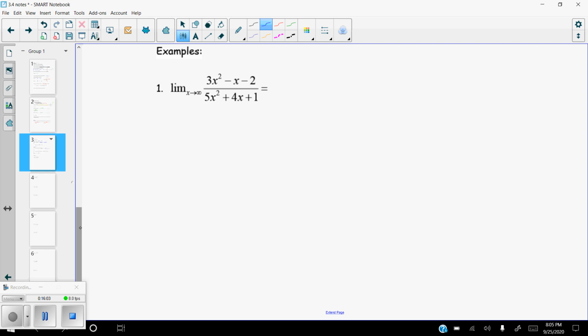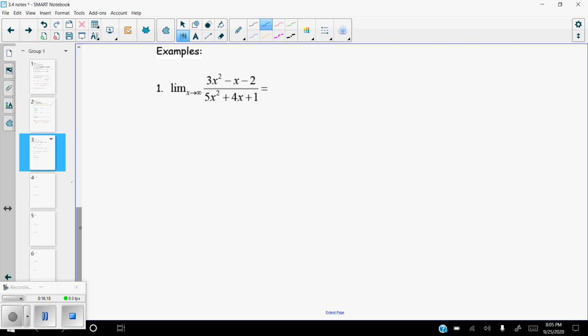If you look at the growth rate on the numerator and denominator, they both have an x squared as the highest power. So you should be able to look at the leading coefficients and know that our limit is going to be 3/5. However, there is an actual algebraic mathematical way that we show this.